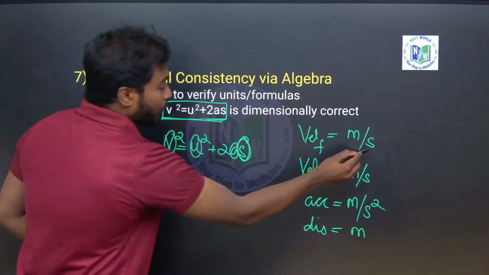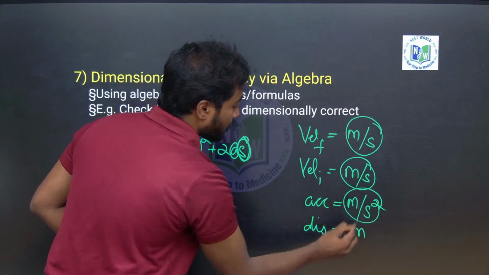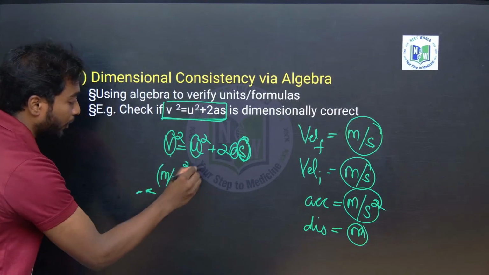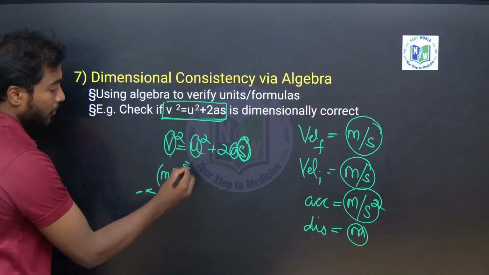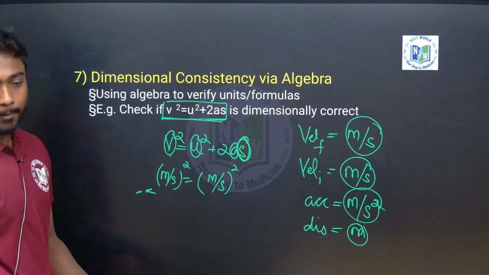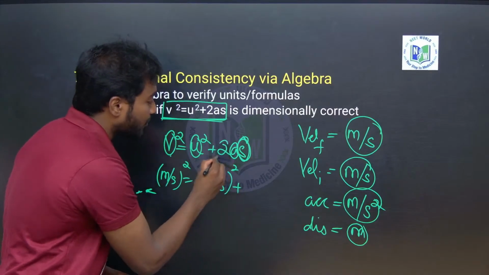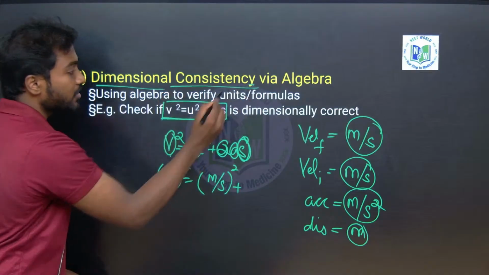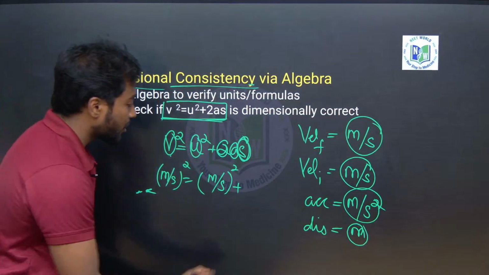So take these dimensions and substitute here. Meter per second the whole square should be equal to, again, meter per second the whole square, right, plus this is a constant. I need not worry about the constant, I need to worry about the dimensional consistency. Leave the constant as it is.